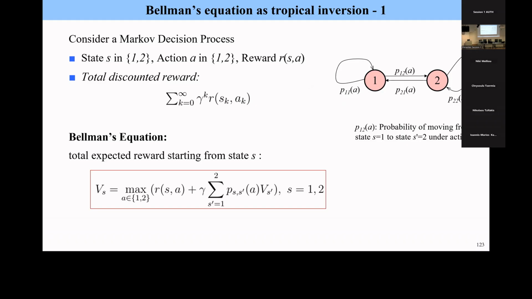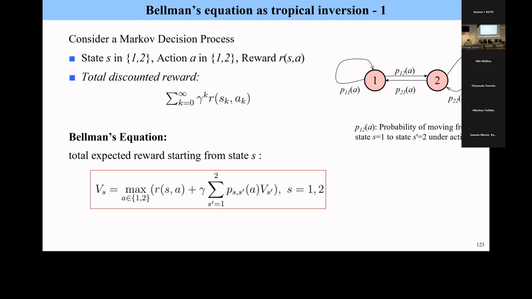And then we have the total discounted reward, which takes all these rewards at various steps and multiplies them with powers of some constant gamma.